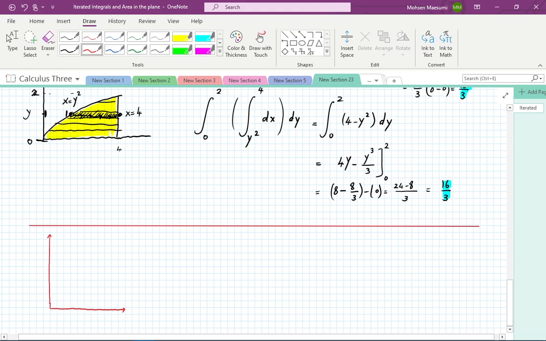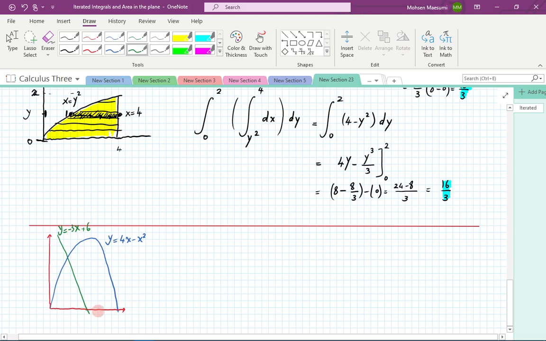So here's an example. We are given a parabola as a wall of a region. Parabola, say y is equal to 4x minus x squared, and we are given another wall, y is equal to minus 3x plus 6.